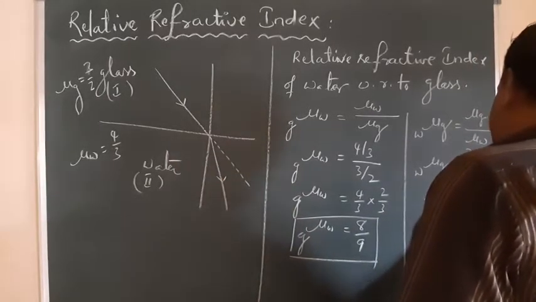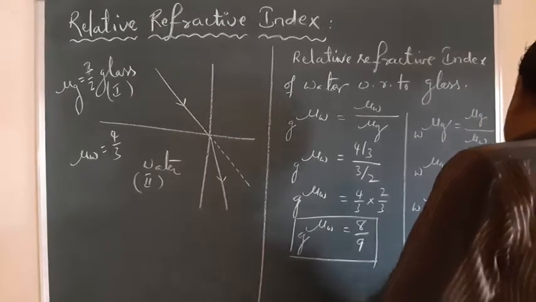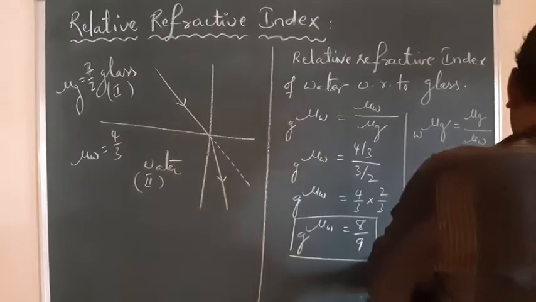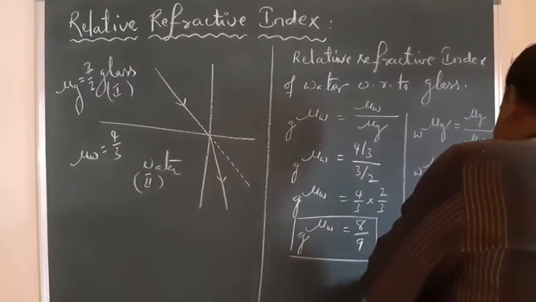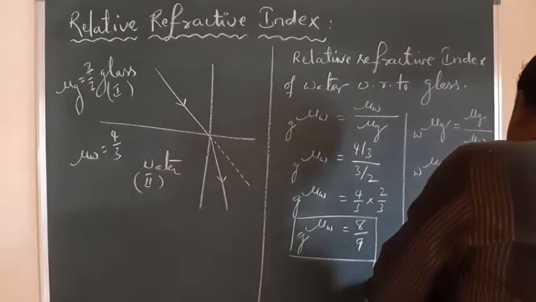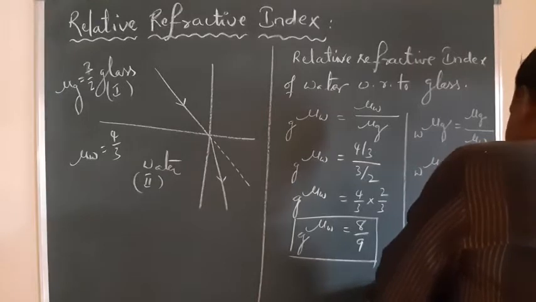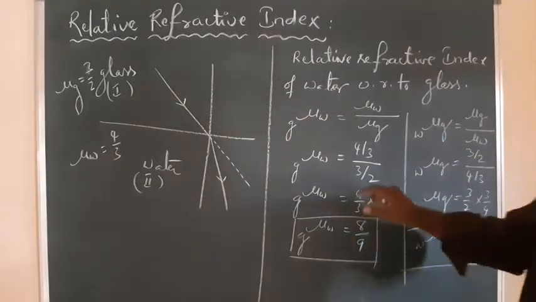The relative refractive index of glass with respect to water is 3/2 into 3/4, so μ_GW is equal to 9/8. See, earlier it was 8/9, now it is 9/8. It is just the reciprocal.